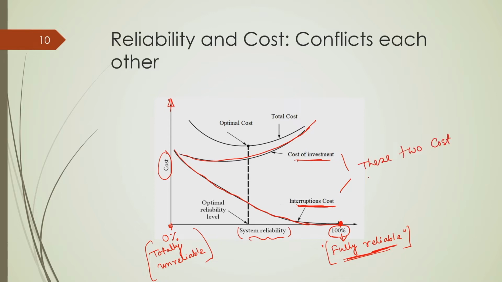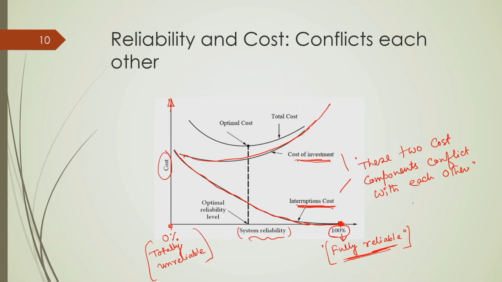These two cost components conflict with each other, meaning that when the cost of investment is increasing, interruption cost is getting reduced. When the cost of investment is at its lowest value, interruption cost is at its highest value, and vice versa. When interruption cost is at 0%, cost of investment is very huge.